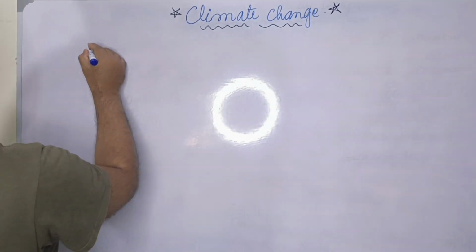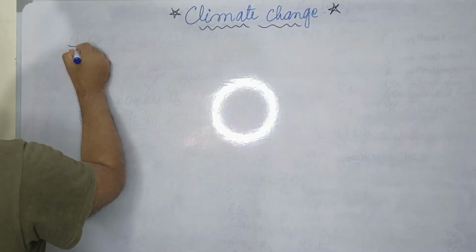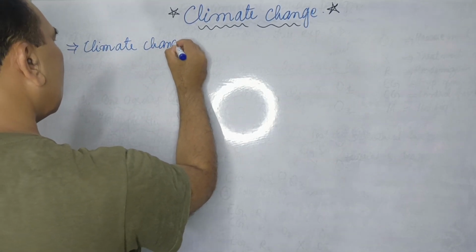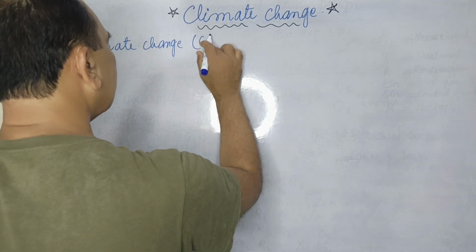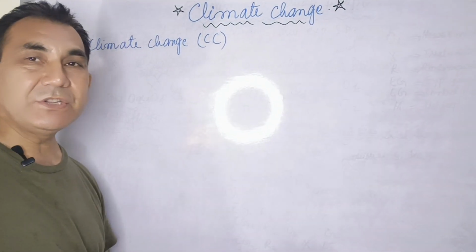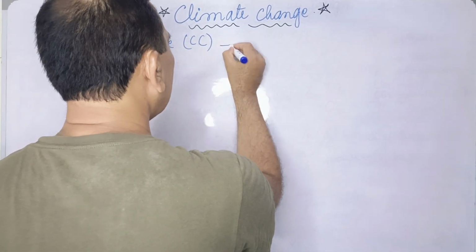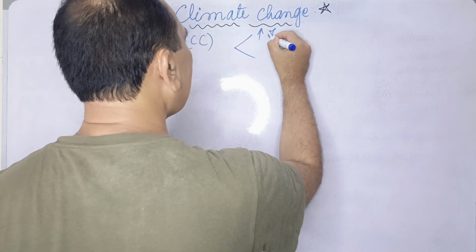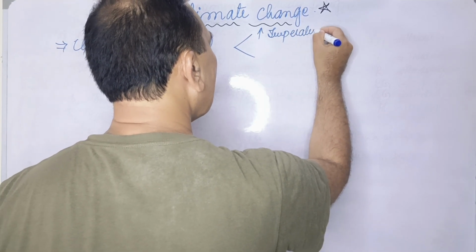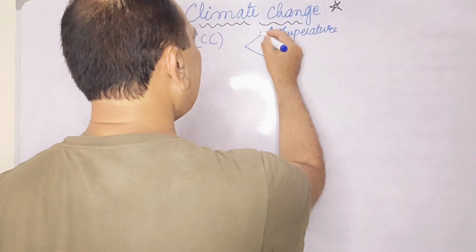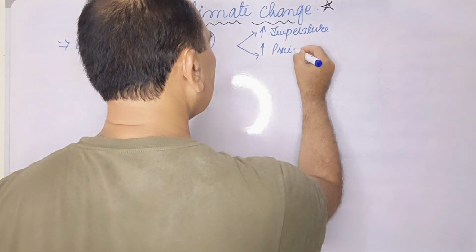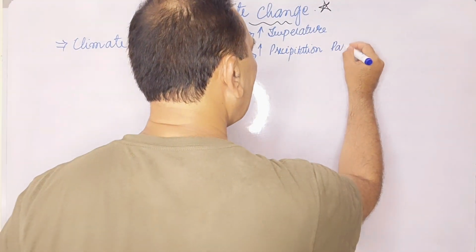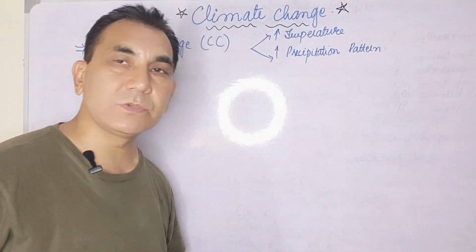So, climate change, CC. Climate change mostly occurs in two ways. First, an increase in temperature, and the second is a change in the precipitation pattern in the atmosphere.